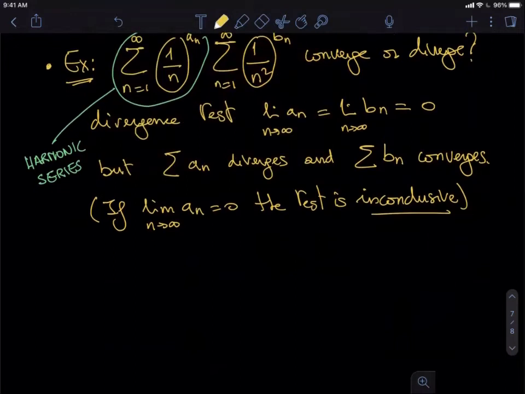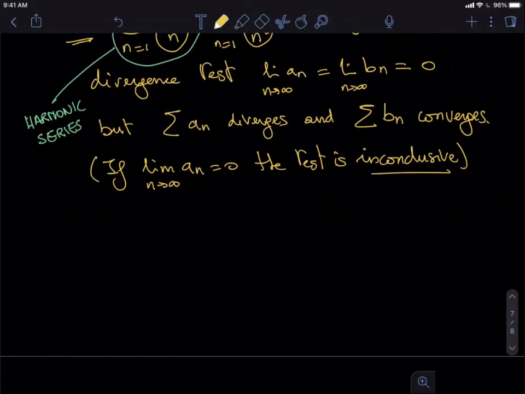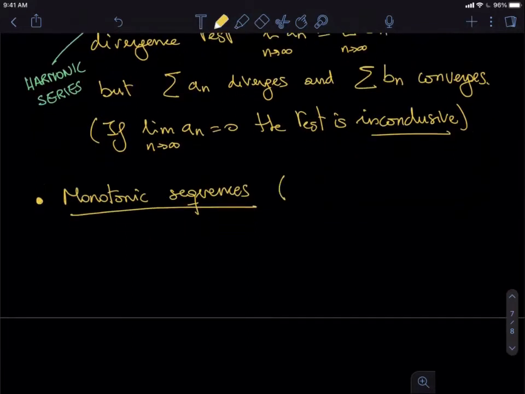Now, there is one type of sequences that we saw, the monotonic sequences. Here we had a theorem that says that bounded and monotone gives convergence.